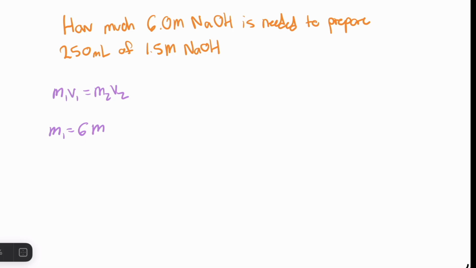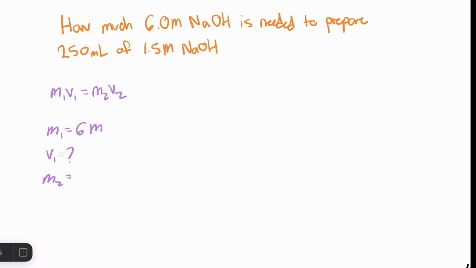So we don't know how much of the 6 molar NaOH there is. So that's what we're solving for. That's V1. And that means M2 is 1.5 molar and V2 is 250. We also know that they should go together because it says 250 milliliters of specifically the 1.5 molar. So we know that they're both going to be the final values.